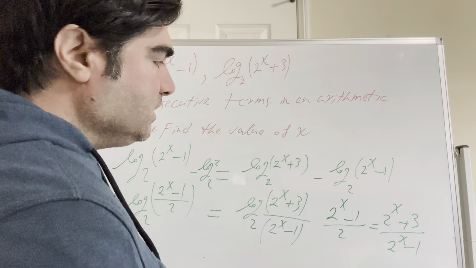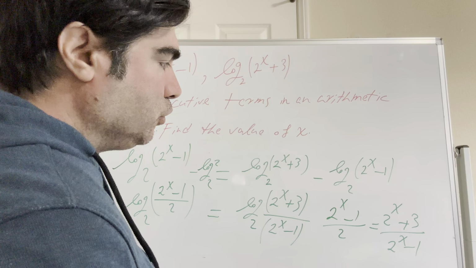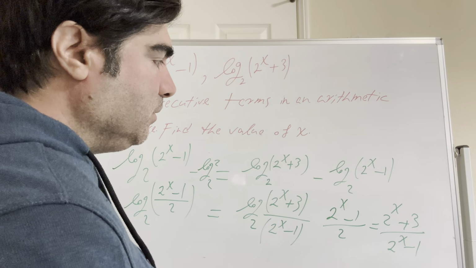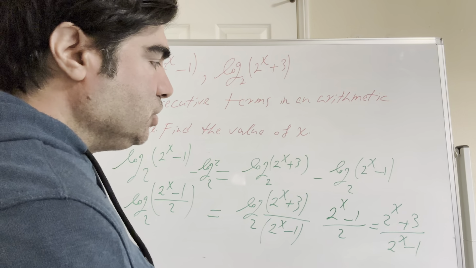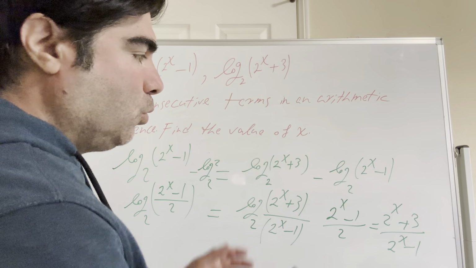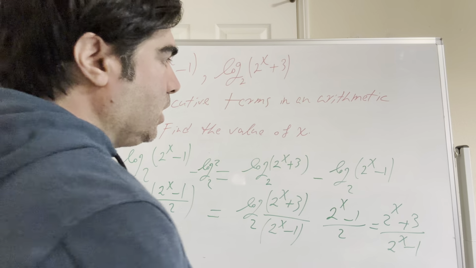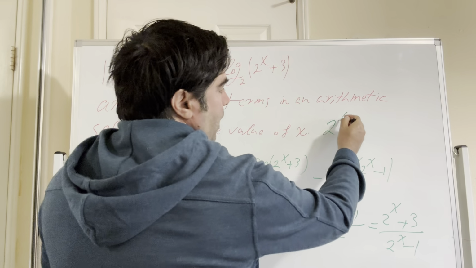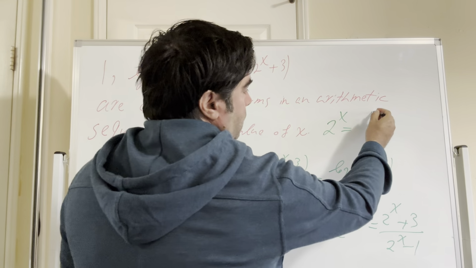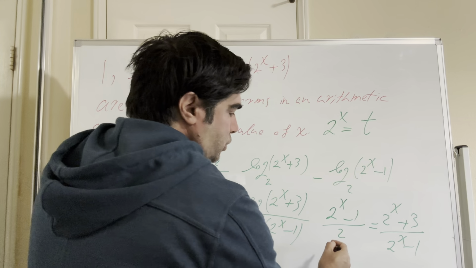So this one is a little bit tricky. Since we have 2 to the power of x and we want to solve for 2 to the power of x, it might be a little bit challenging to just solve it the way it is. So here's a trick: I'm going to substitute 2 to the power of x with a variable t, and then substitute back in this equation.